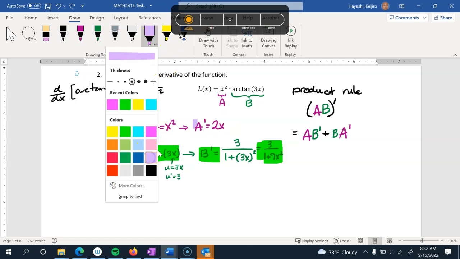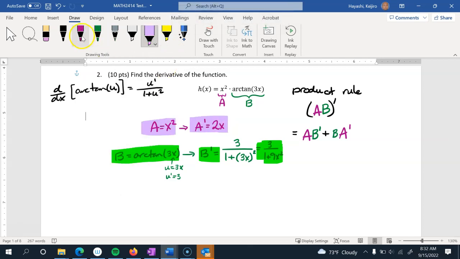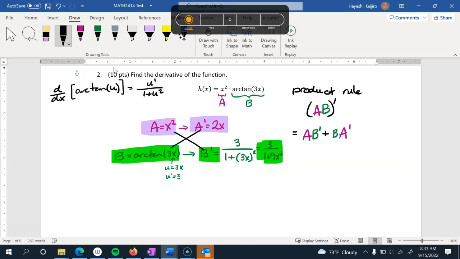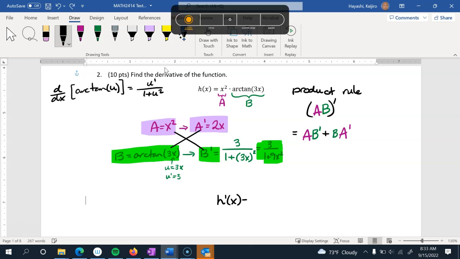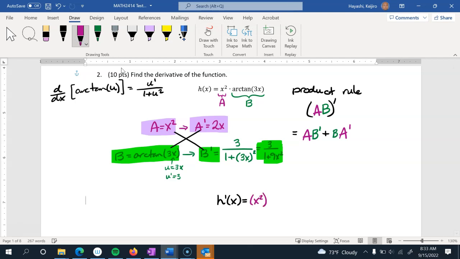It's impossible to see. There we go. Alright, so we should be able to mix a up with b prime and b up with a prime. So they just get paired up that way. So if the original function is h of x, then h prime of x should be a, which is x squared, times b prime, which is 3 over 1 plus 9x squared.